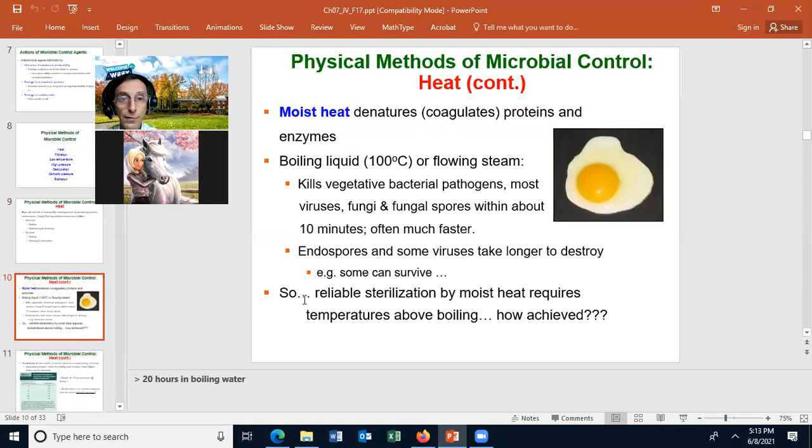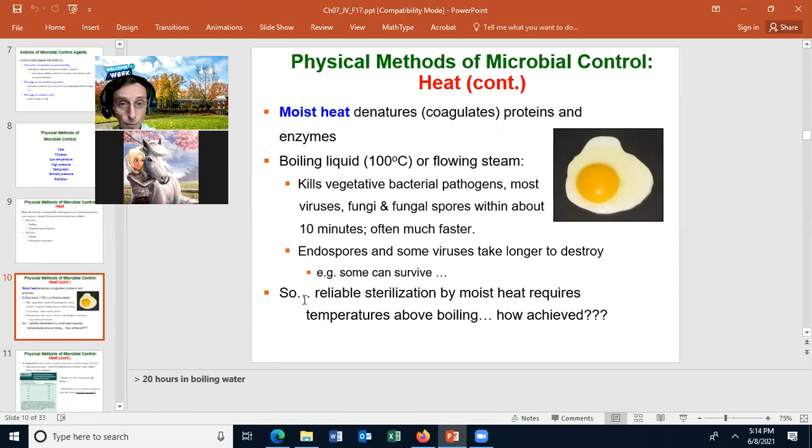Moist heat denatures, coagulates the proteins and the enzymes. Boiling liquid, like something at 100 degrees Celsius, or flowing steam, kills all vegetative bacterial pathogens. It kills most viruses, fungi, fungal spores within about 10 minutes.